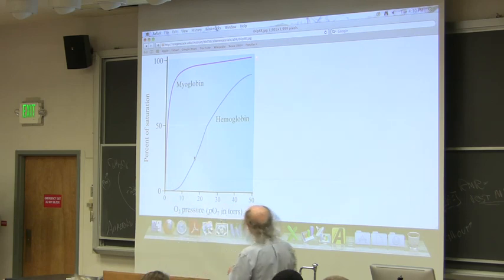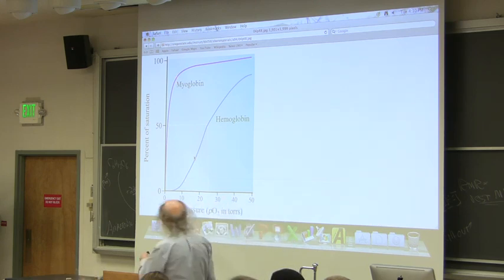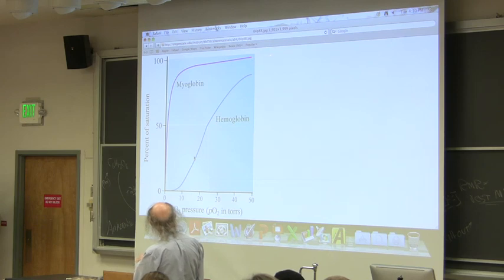If we start decreasing the concentration of oxygen, we see that myoglobin holds on to oxygen very, very well, getting way, way down here. So we're down here below 10. We were up here at 50, and we still have probably 80 to 90% of the oxygen. Well, that's not really good, because the concentration of oxygen in our lungs is about out here somewhere, where these two lines actually come together.